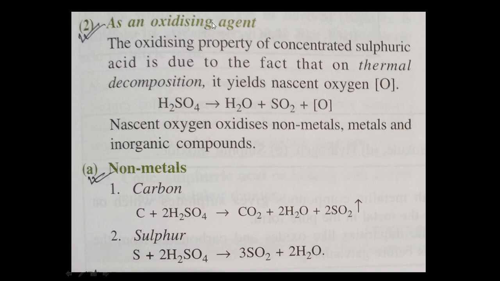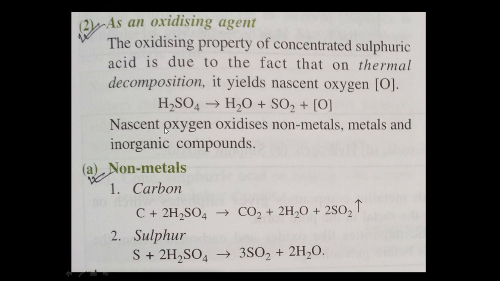They may ask you why sulfuric acid acts as a strong oxidizing agent. The reason is that on thermal decomposition, sulfuric acid gives nascent oxygen, that means oxygen in atomic form, which is responsible for oxidation.